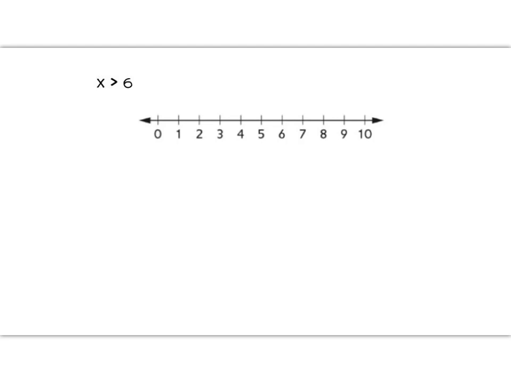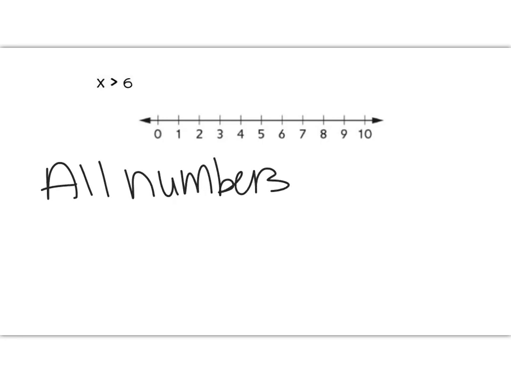So what happens if it's only greater than 6? X would be all numbers bigger or greater than 6.